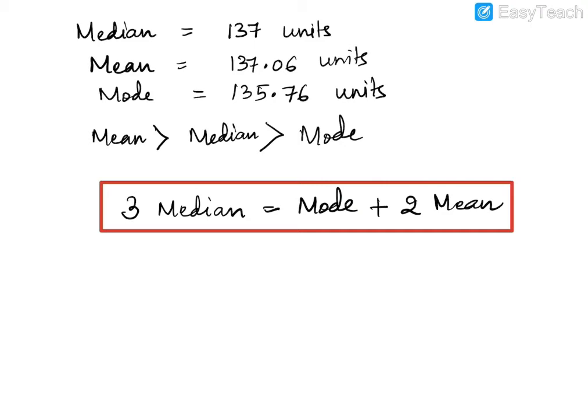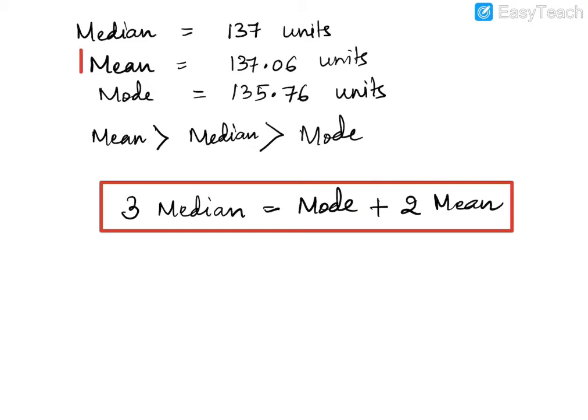In fact, mean, median and mode are approximate values given that they are calculated for very large data. However, we can use this equation to find any one unknown value of measure of central tendency when the other two are known. Let us now understand which measure of central tendency is best suited for a particular situation.